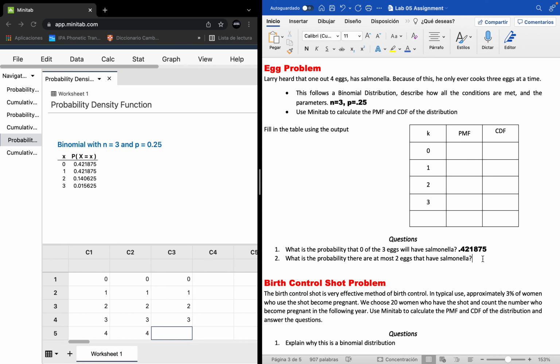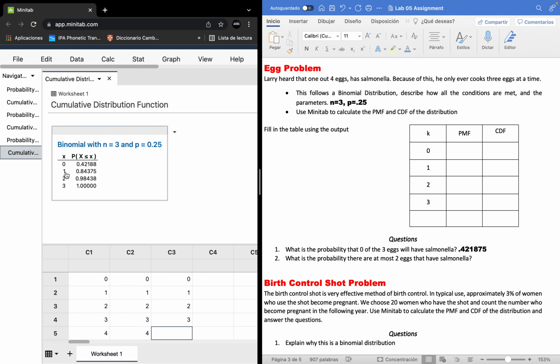What is the probability that there are at most 2 eggs that have salmonella? At most 2 means a maximum of 2. So that means all the numbers from 2 and below. So in this case, you can add all the values for 0, 1, and 2, or you can simply use the value for 2 in the cumulative.